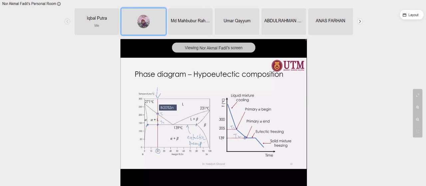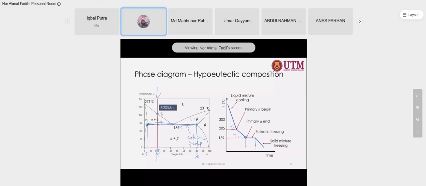Okay, whenever your alloy falls between this region, meaning that the composition is between, I don't know what is it, 5% until 80% of stannum. Okay, let's say for this one is 20%. It is between 5 until 80%. So it's passing through this horizontal line, eutectic temperature.